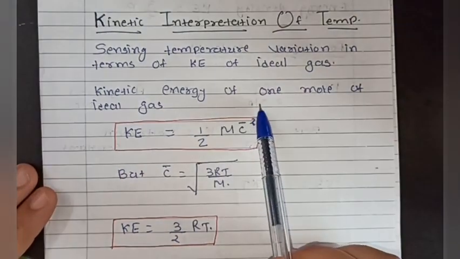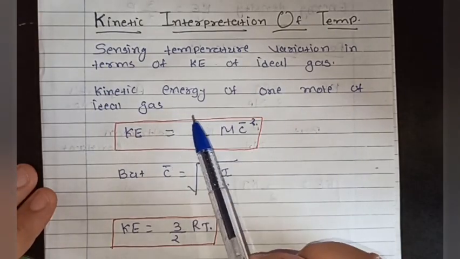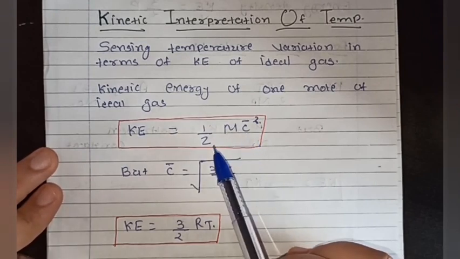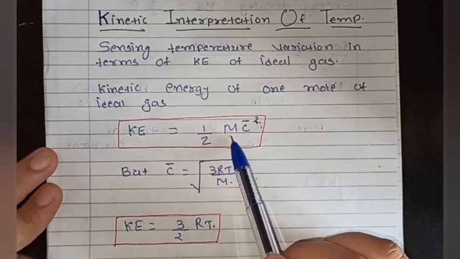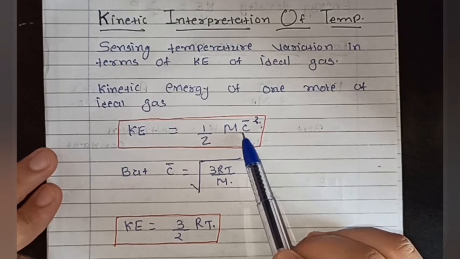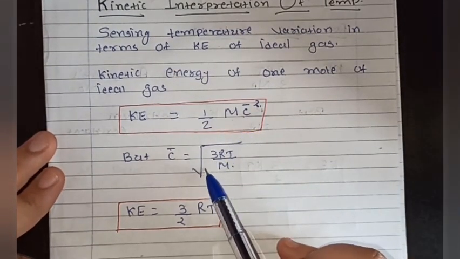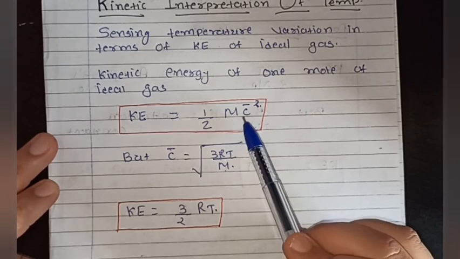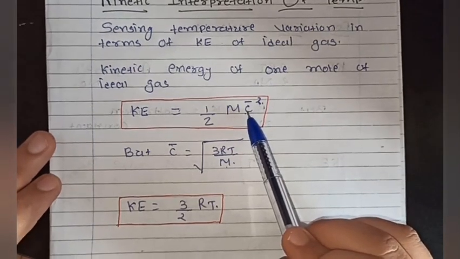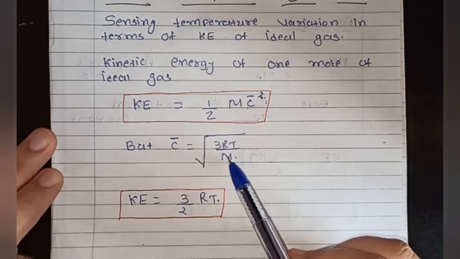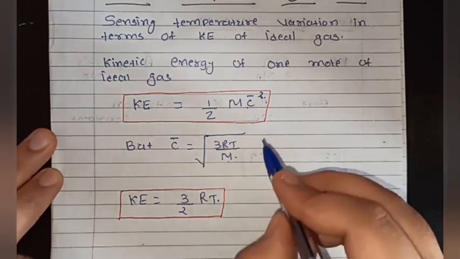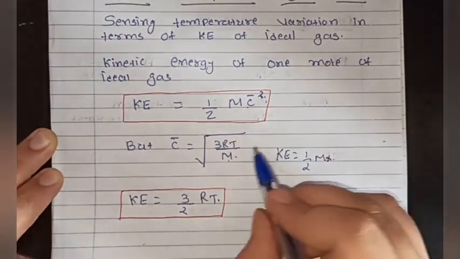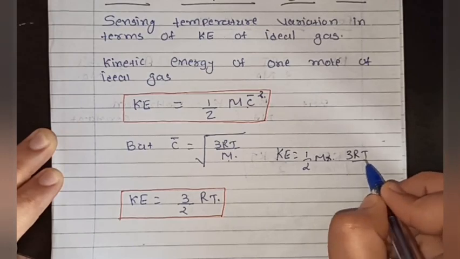So kinetic energy of 1 mole of an ideal gas is given by half m c bar square. Here m is the molecular mass and c bar is the RMS speed. But we have just derived the formula for c bar, that is under root 3RT by m. So putting this value, kinetic energy will be half into m into c bar square, that is 3RT by m.